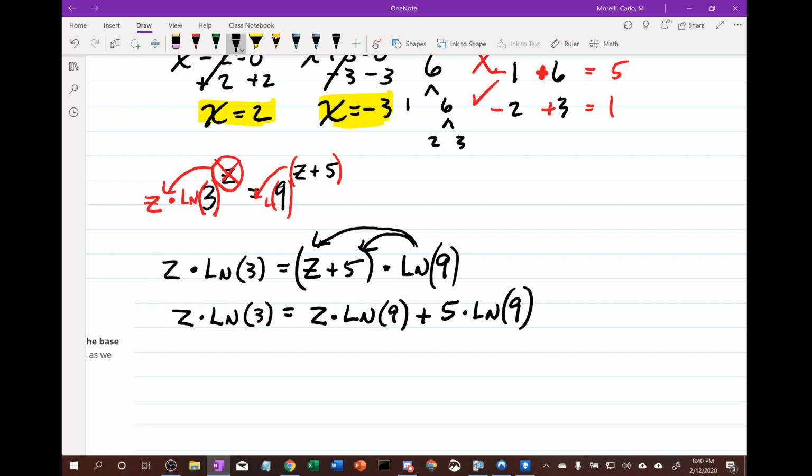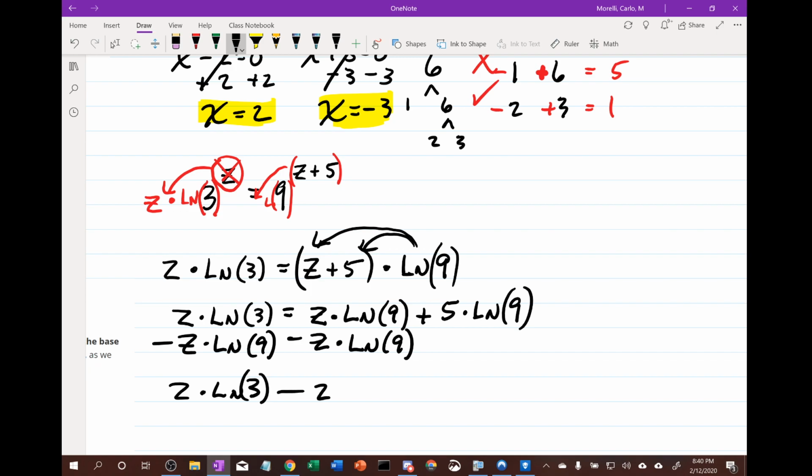Okay? And so now I can subtract z times ln of 9 from both sides. Should be putting these symbols here. Z times ln of 9. All right, and so on the left side, I'll have z times the ln of 3 minus z times the ln of 9.